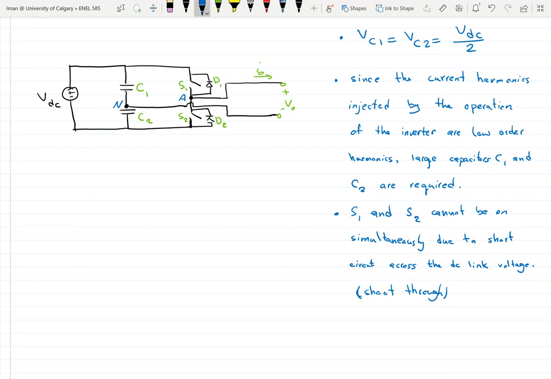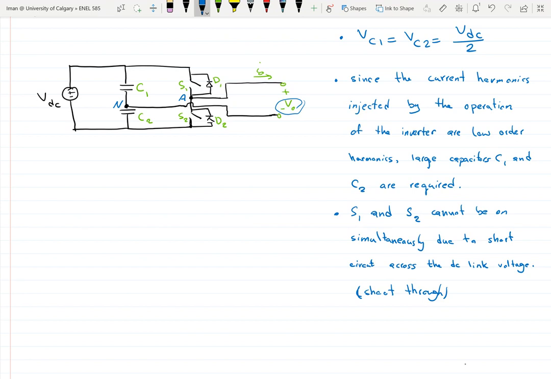Okay, so I want to look at my voltage at the output terminal here, right? And this voltage at the output is actually equal to my VA minus VN. So VN, I know, is the midpoint of these capacitors, which is VDC over 2, which is a DC voltage with low ripple.